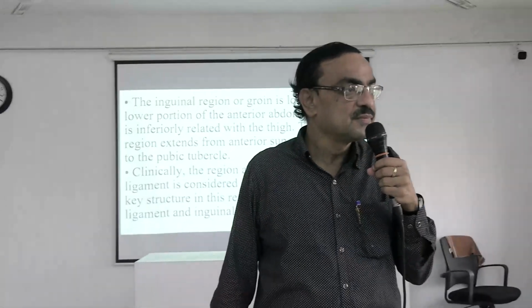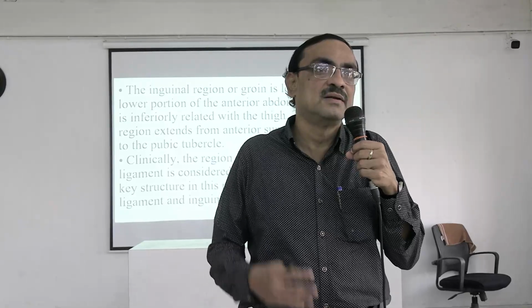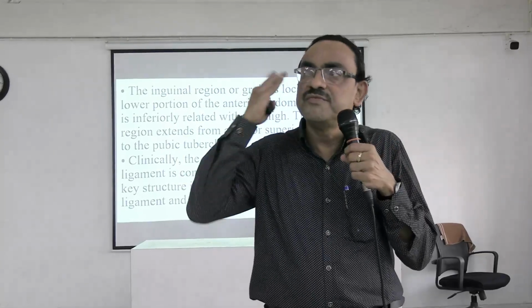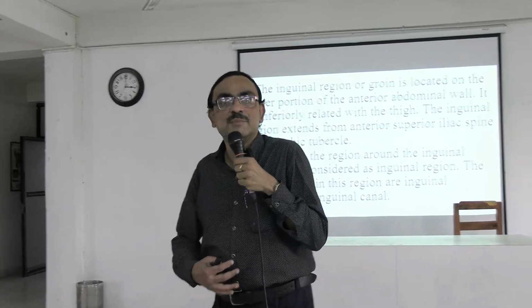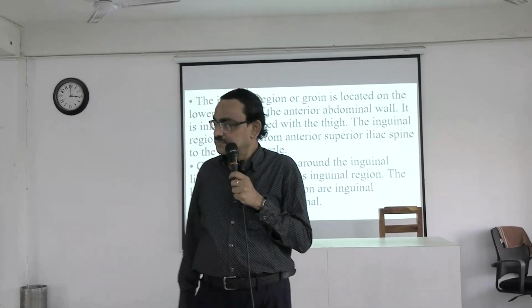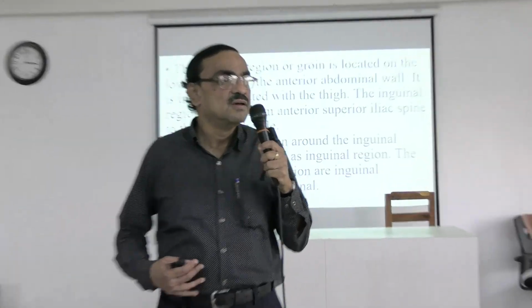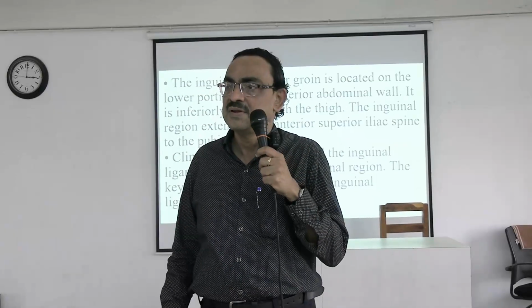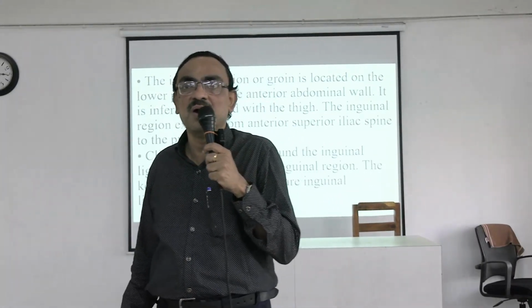Why? If there is a deep fascia in the abdomen or in the face, then that part will become fixed. We cannot expand. During respiration, there is movement of the anterior abdominal wall.